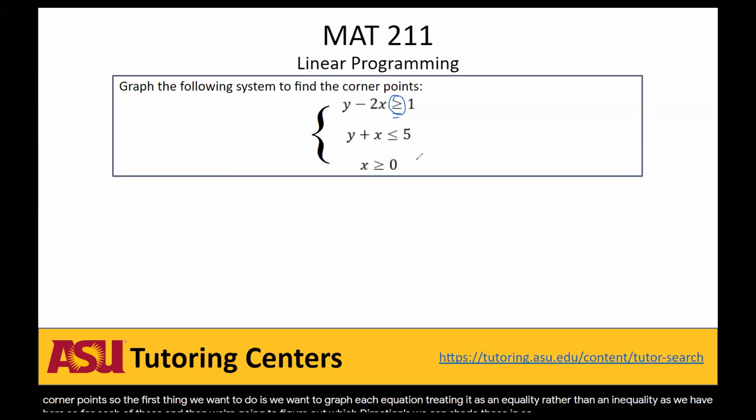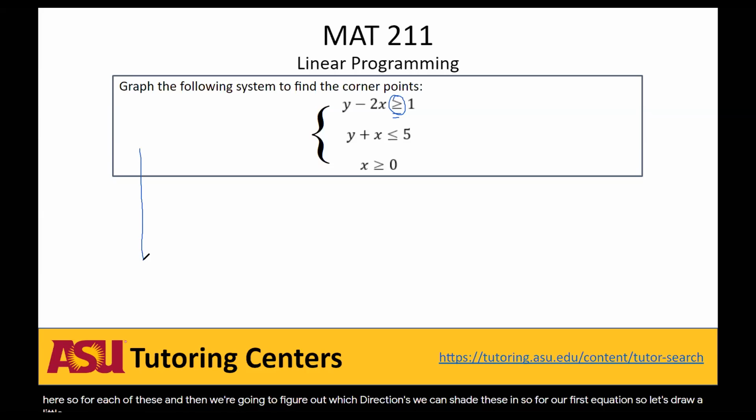Let's draw a little graph here. It's going to be sort of straight lines. For our first equation, we have y minus 2x is greater than or equal to 1.